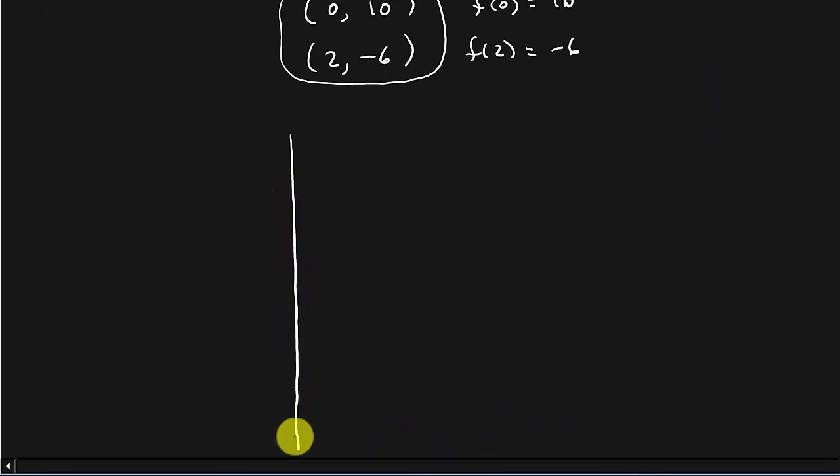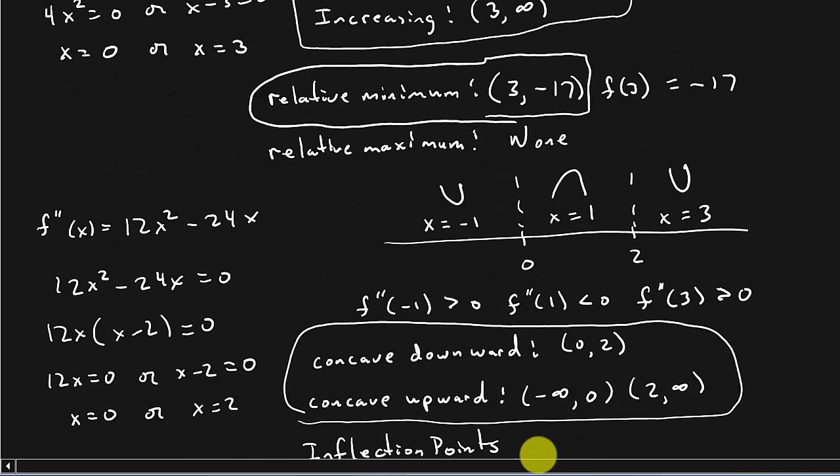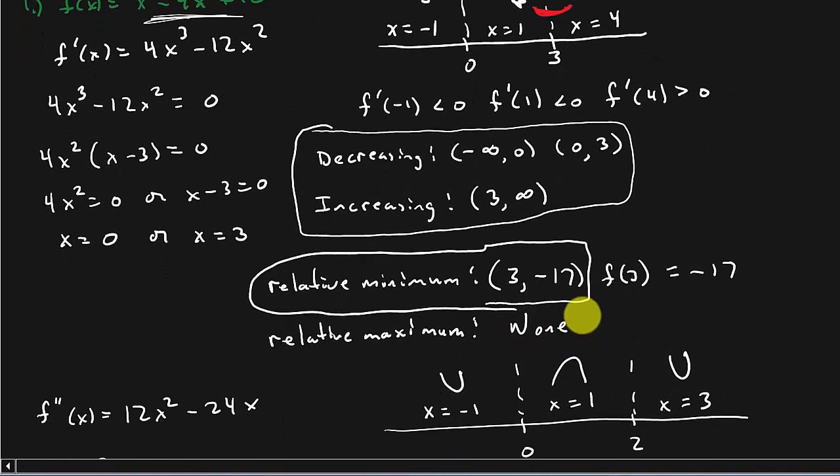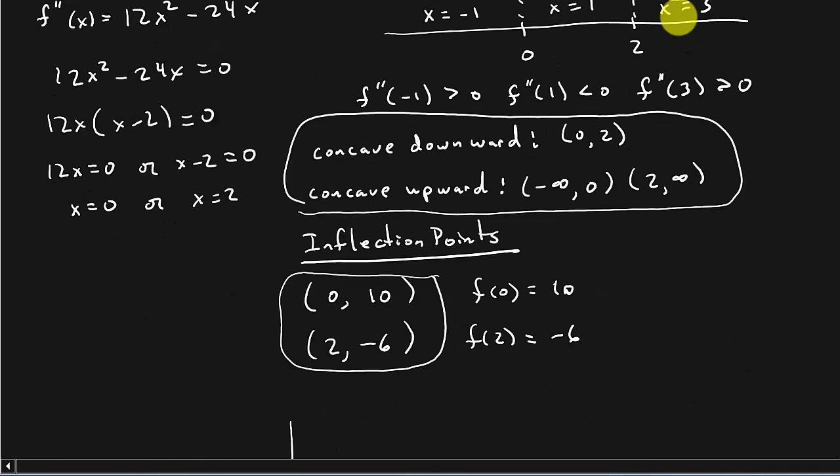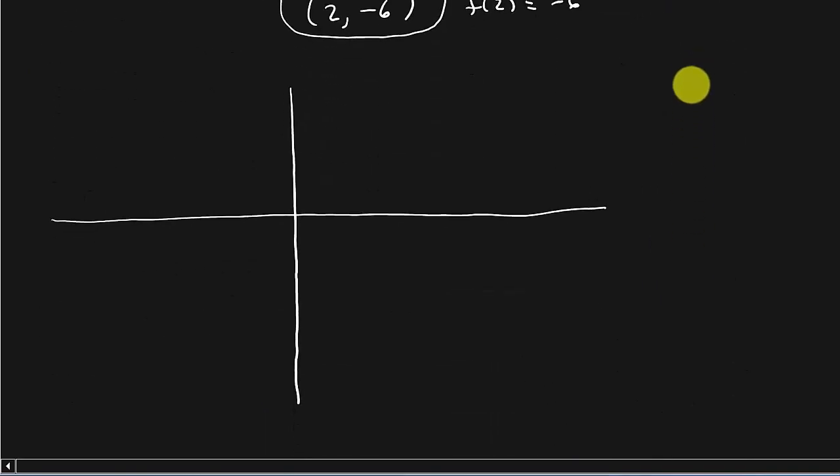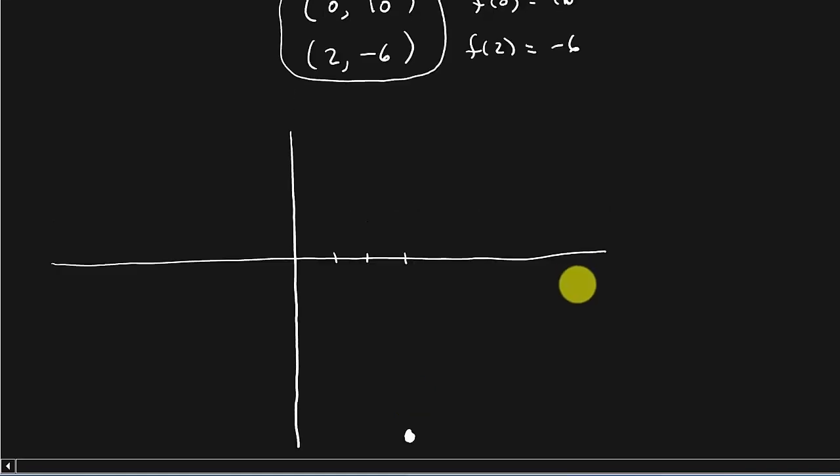So let's see what this is going to look like. See if I can draw that a little straighter. All right, so let's plot our points here. What points do we have? 3, negative 17. So let's just do 1, 2, 3. Negative 17, we'll call that about right there.